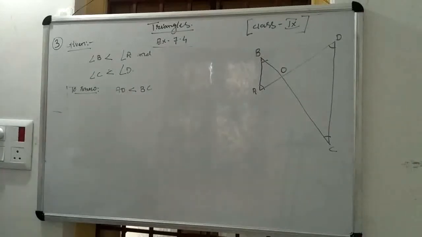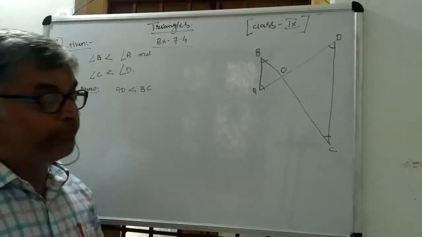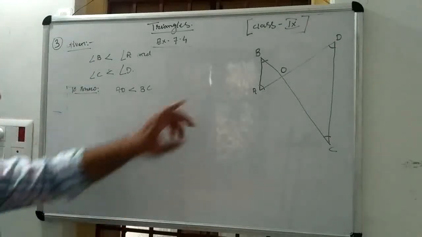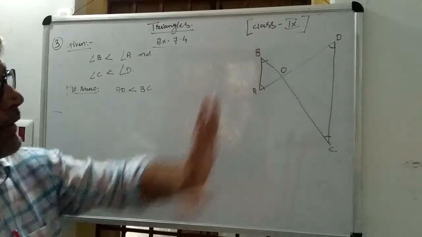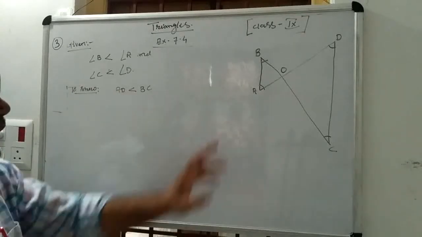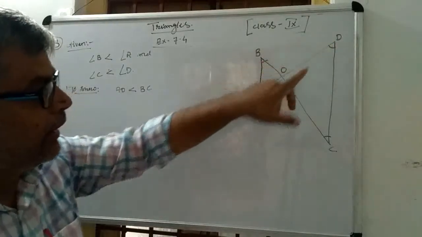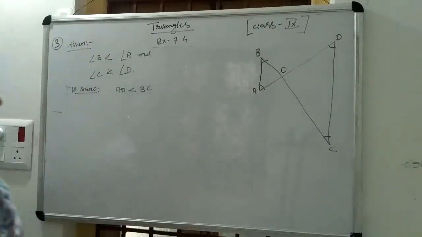Here two lines AD and BC intersect at O such that angle B is less than angle A and angle C is less than angle D. Then we need to show that line AD is smaller than line BC. This is the question. Let's see how this can be solved.